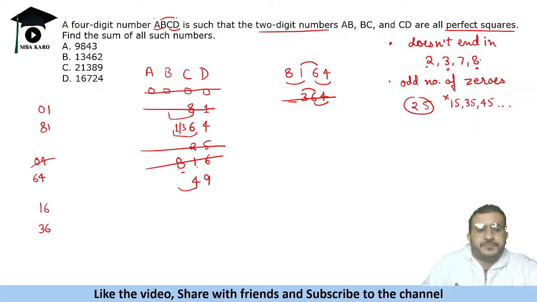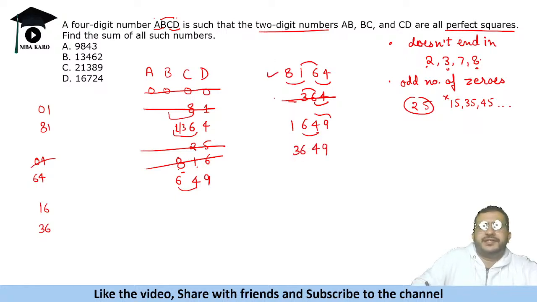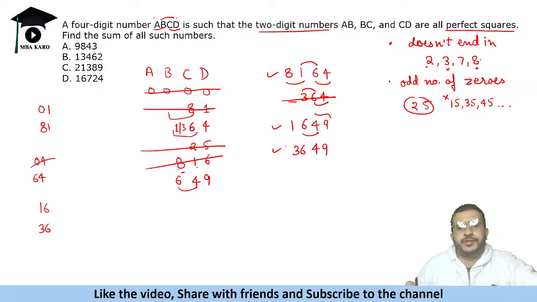Now 4 means we can have 64. We cannot have 04. And 64, now this is a square, 649. This is a square, this is a square. So it can be 16 or it can be 36 also. So we have 3 such numbers which fall into this category.